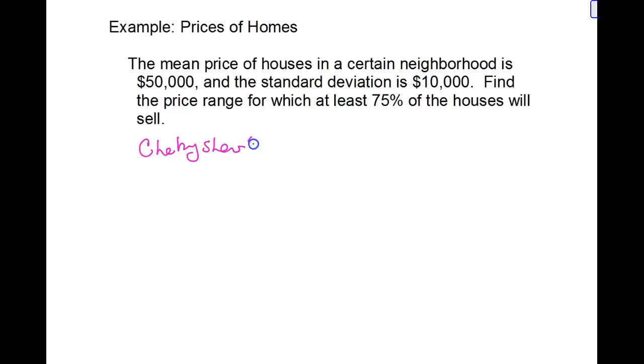So using Chebyshev's inequality, we're looking for 75%. We know that 75% is 2 standard deviations from what we just showed on the previous slide. So we're looking at the data that will fall within 2 standard deviations of the mean.